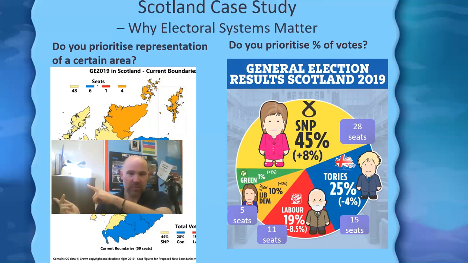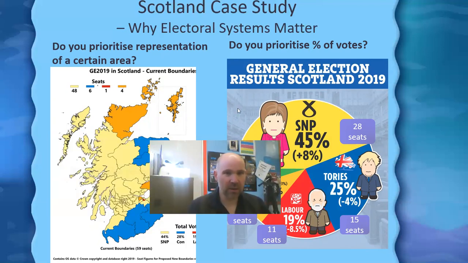If you prioritize the percentage of votes, the SNP shoot down and the other parties shoot up. Electoral systems matter. Before you move on from this slide, definitely make sure you've understood what I'm saying here, how these two different systems work and why that then impacts or could potentially impact the result that you get.